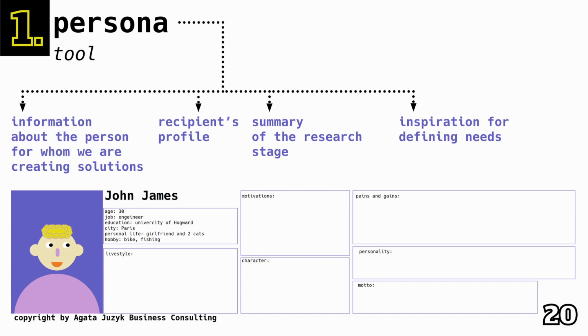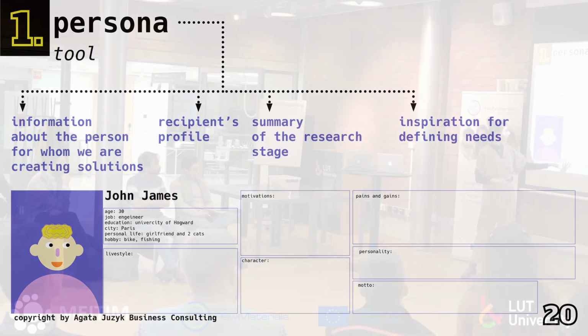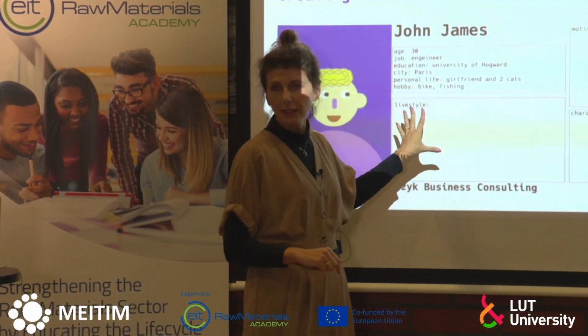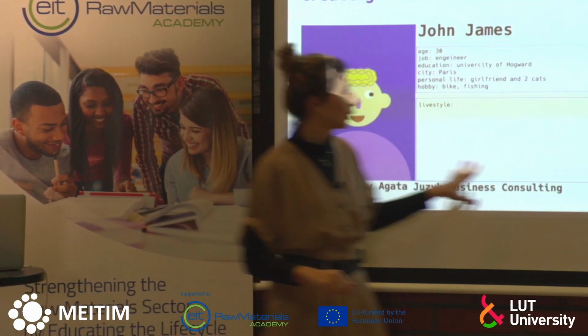So first of all, you will have a kind of personas card, and either you will just look and note down or think about, because it's not that you have to note down everything, but you will look at the profile of the person, and you will check what is the lifestyle of the person, what is her character.